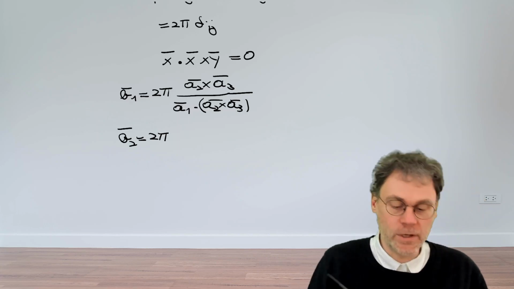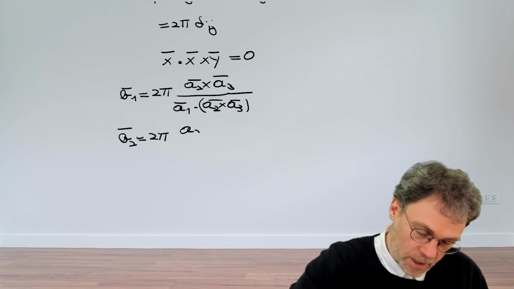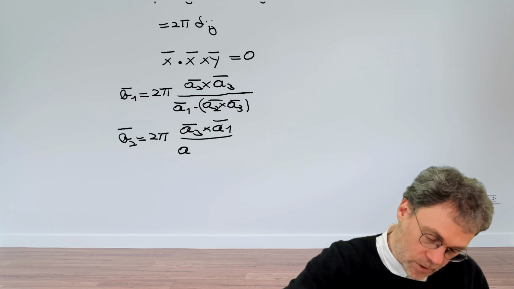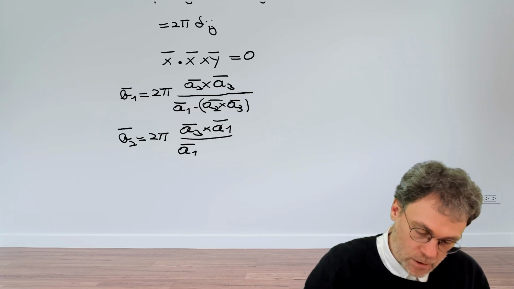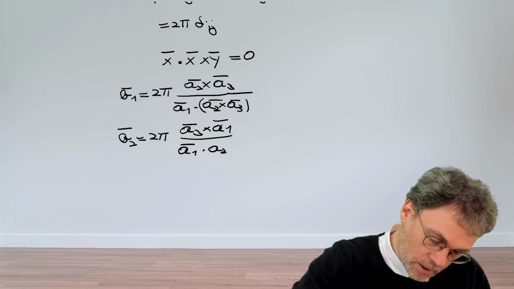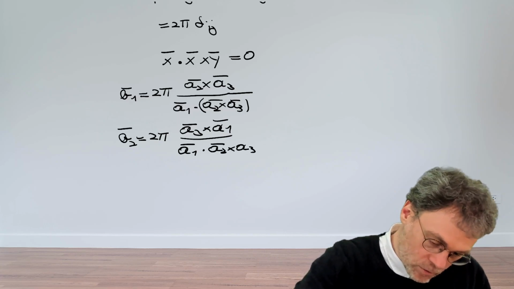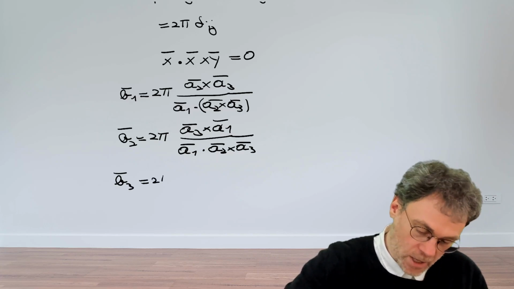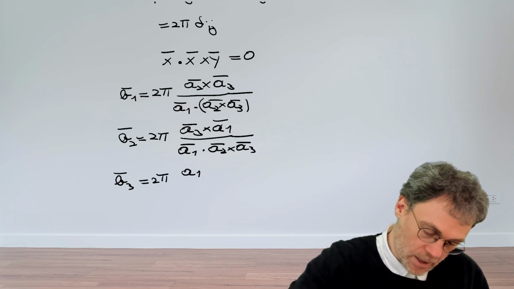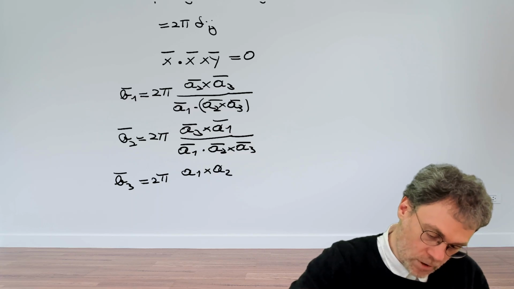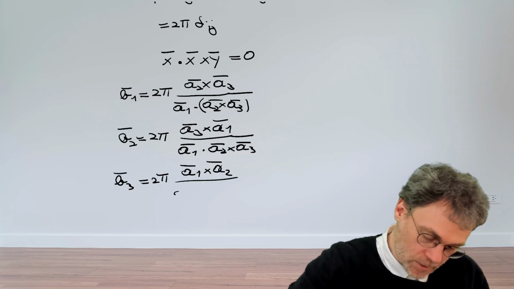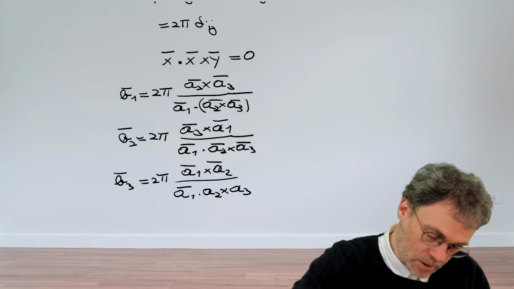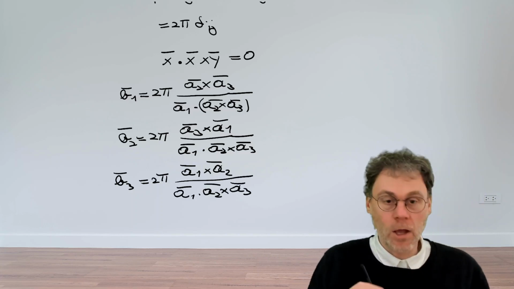So for B2, we have A3 times A1, and then the same denominator, A1, A2, A3. And then it will come as no surprise that for B3, we have 2 pi A1 cross A2, divided by the same denominator again, A1, A2, A3.